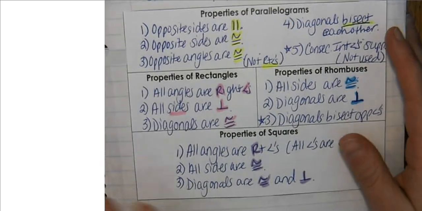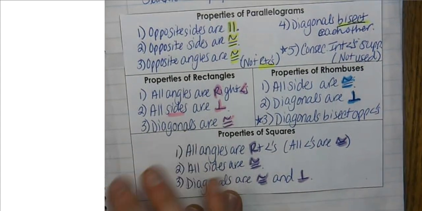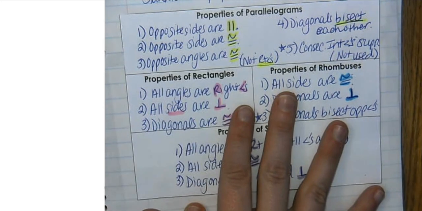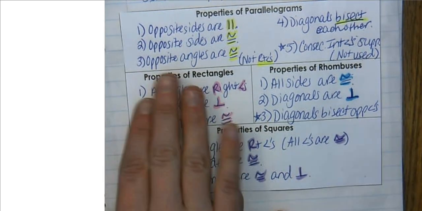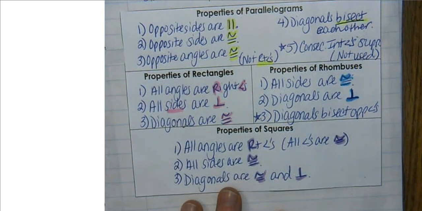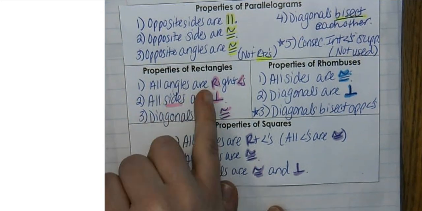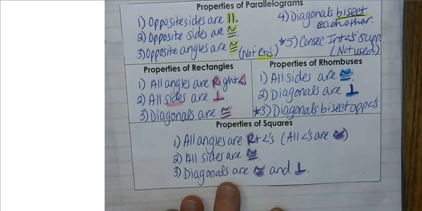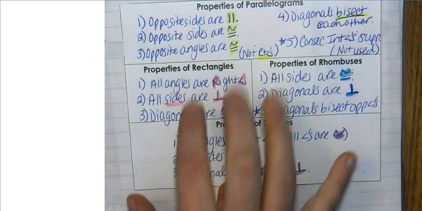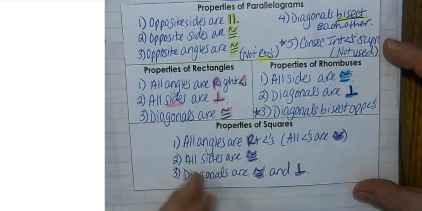But let's say that we were talking about the properties of rectangles or rhombuses or squares. Like if I told you that you have a rectangle and I want you to prove that all of the angles are right angles, or that all of the sides are perpendicular to each other, or that the diagonals are congruent, etc. So you are going to be asked to prove a property.